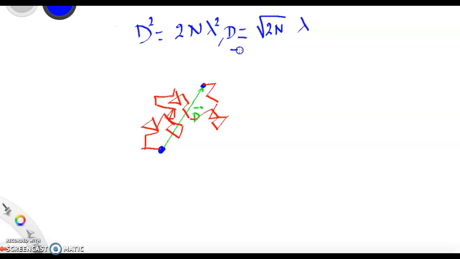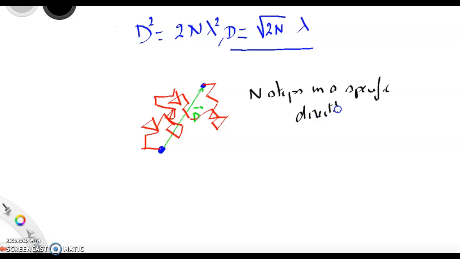Now, why is that interesting? Because in principle, if I take n steps in a specific direction, so I'm walking straight, well, the distance I travel is usually n times the size of one step, assuming I'm taking equal steps.